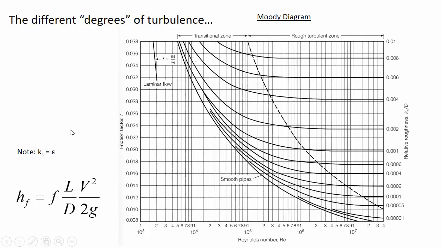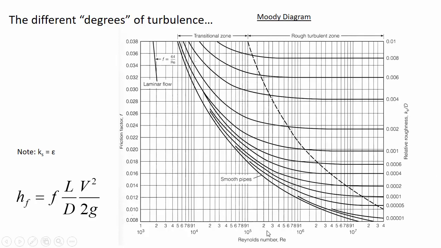And then D is the pipe diameter. That'll usually be given in a problem statement. And so you'll have some k sub s to D ratio, and then you use that to start following either a curve or using a point between the curves as a guide to know what is the intercept with the Reynolds number. And so the Reynolds number is on the board there, the formula for it anyway.